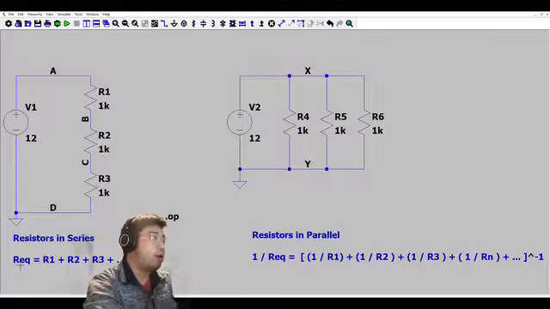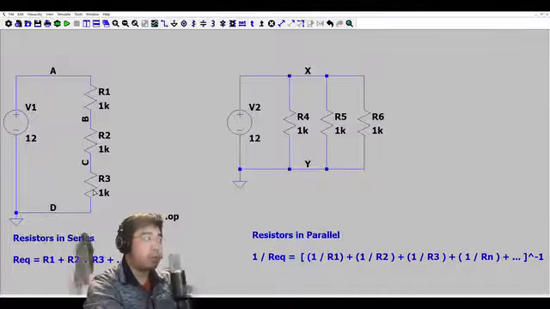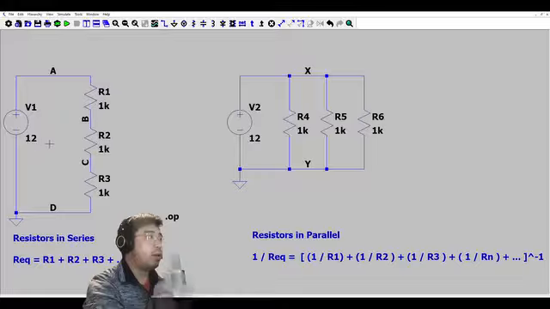For resistors in series, R equivalent is R1 plus R2 plus R3 plus so on. So that is 3 kilo ohms. The equivalent resistance is 3 kilo ohms.